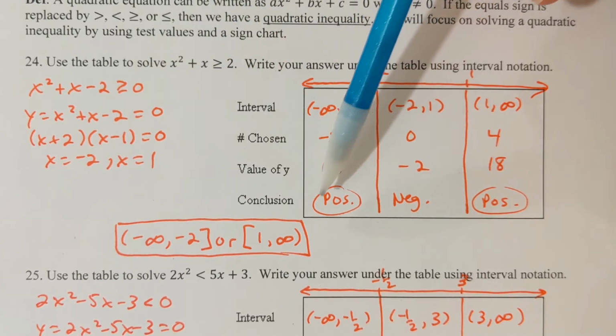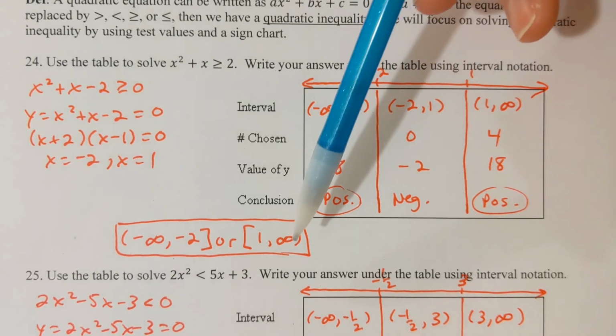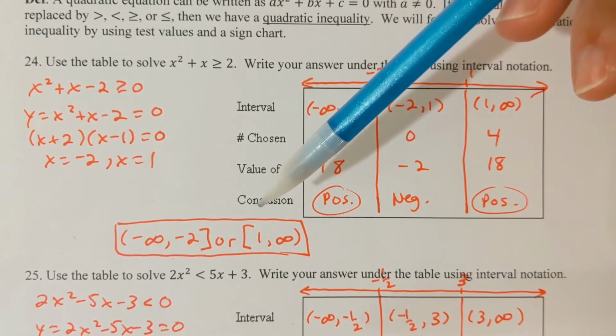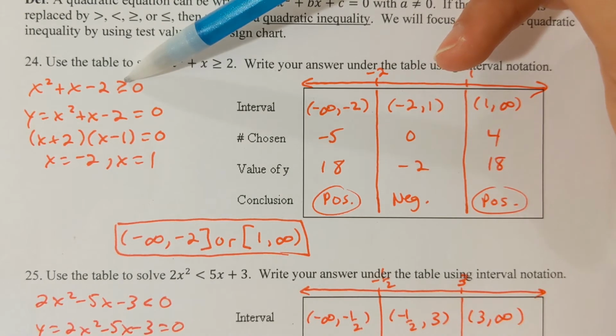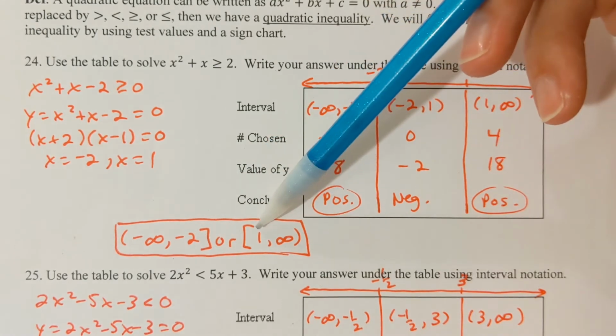So I'm going to want the positive conclusions, their intervals, to be represented. So my answer is going to be anything less than negative 2 and anything bigger than 1. And the only additional thing that I would be doing here is, this is not a strictly greater than sign, this is a greater than or equal to. So I want to make sure that I'm including negative 2 and including 1.